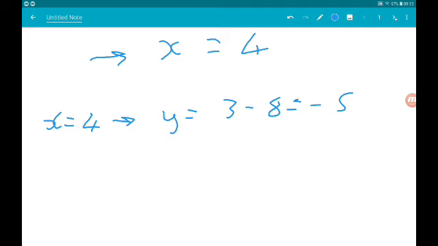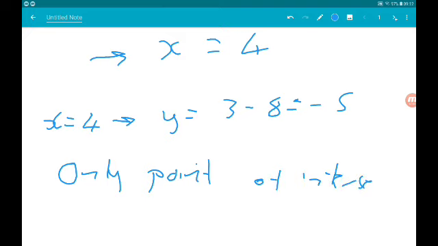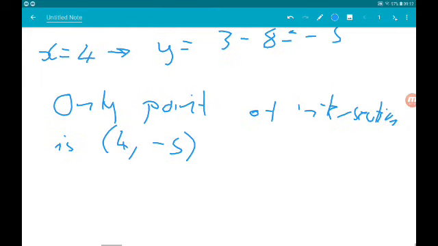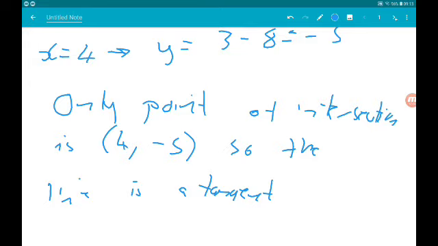So the only point of intersection is (4, -5), so the line is a tangent. Cool.